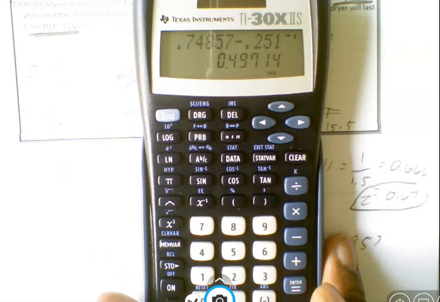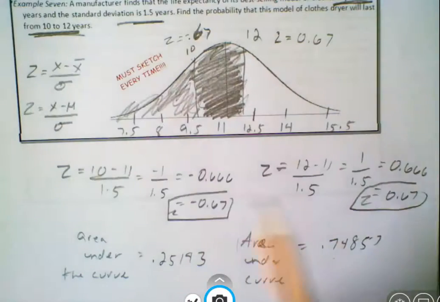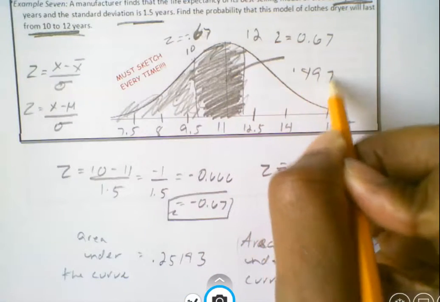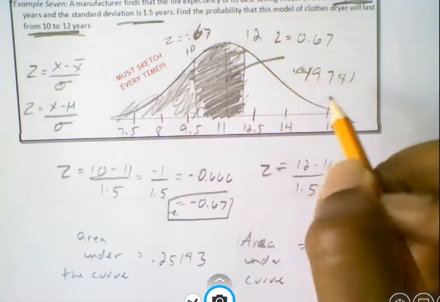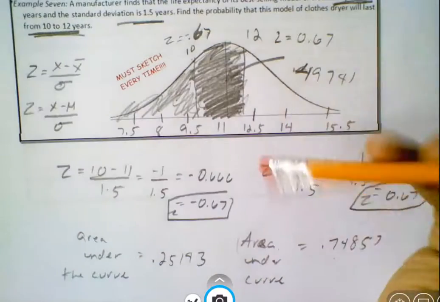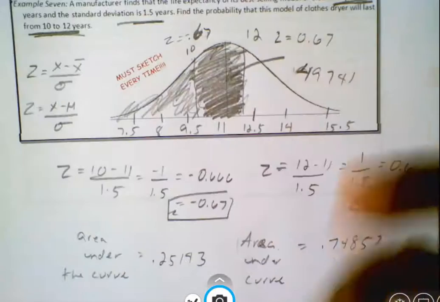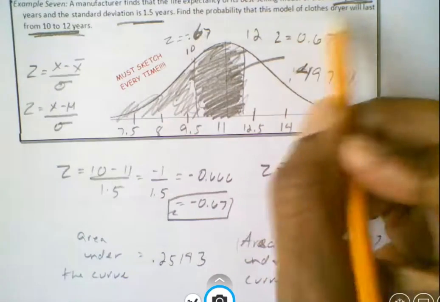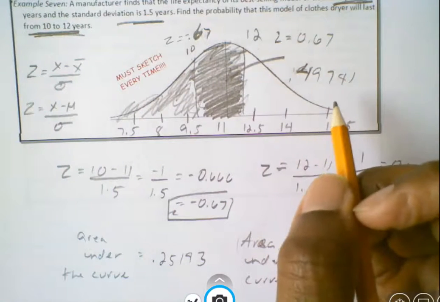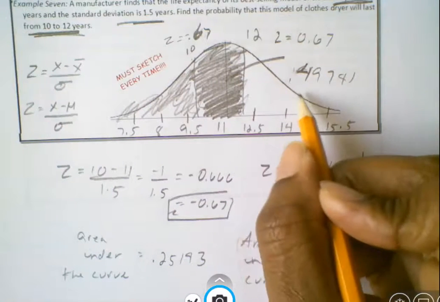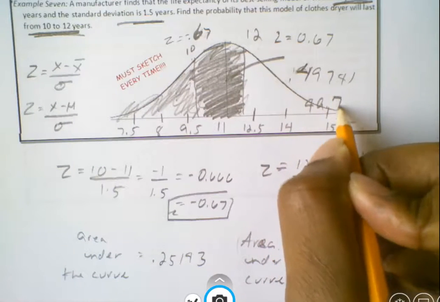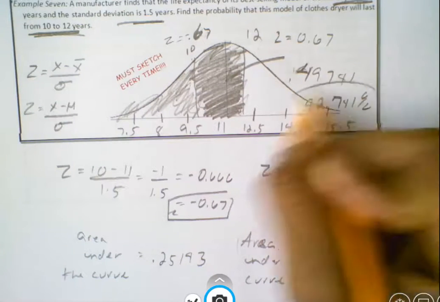So that gives 0.49714. So this area right here is 0.49714. The probability of choosing a clothes dryer that lasts between 10 and 12 years is pretty good. It's almost a 50% chance, about 49.714%.